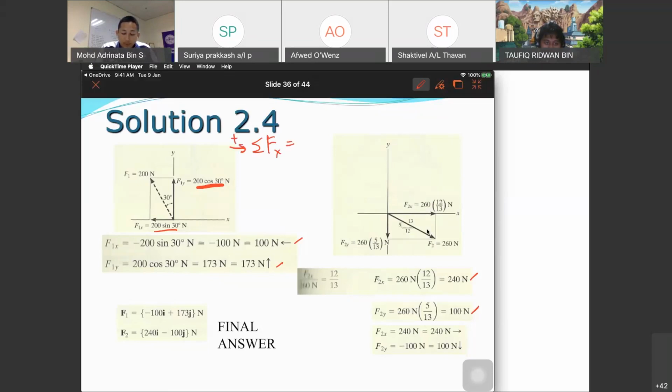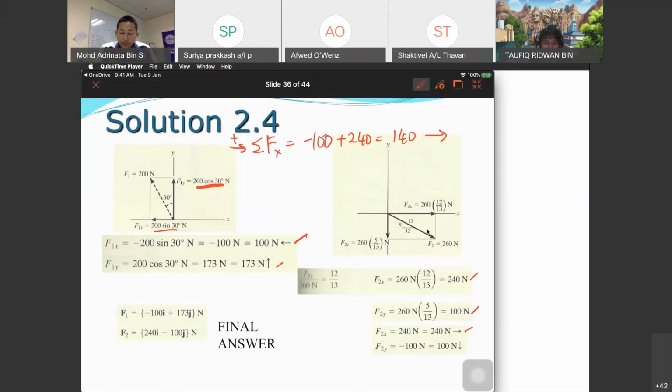It is equals to F1x, negative 100 Newton, plus F2x 240 is equals to 140 to right direction.